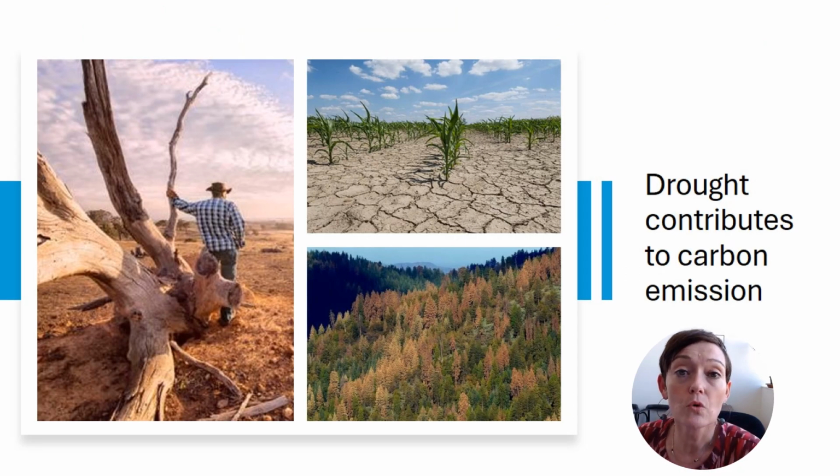So droughts more generally, not just in the Amazon, but all over the world, contribute to carbon emissions when we have these chaotic weather patterns that climate change brings us, that mean we have too much rainfall sometimes and too little rainfall other times, that then cause drought.